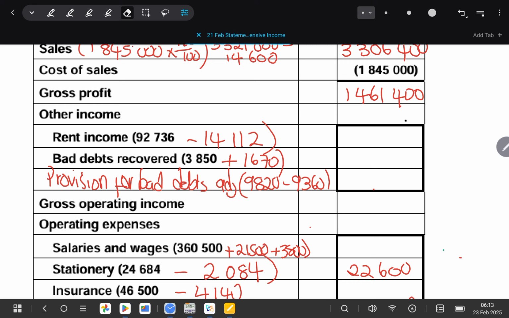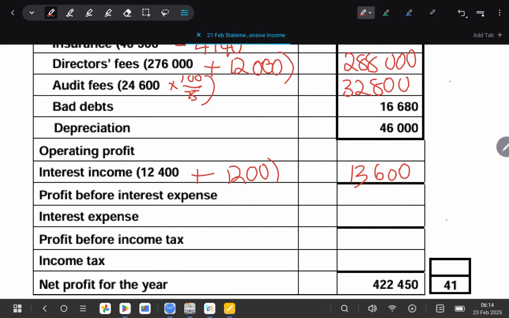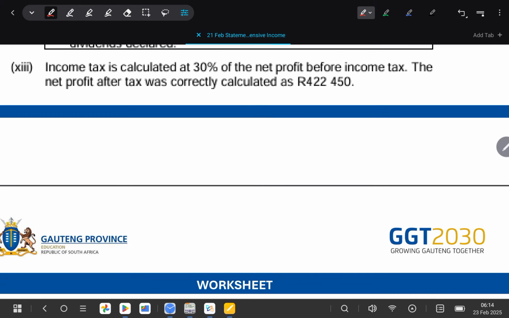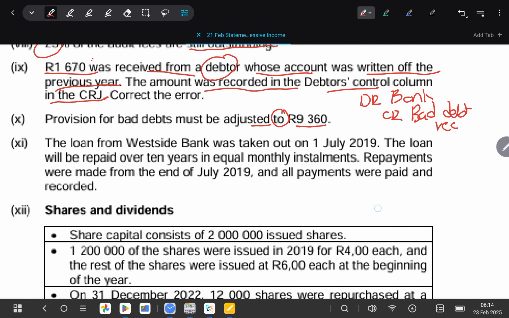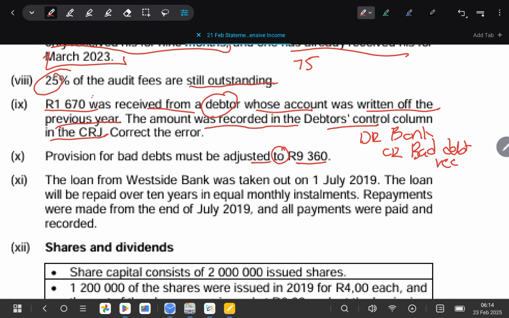So remember, the difference that we are getting here is 460. So we'd have that 460 there. Now let's check what else we have. The next transaction says that this one of the loan will affect our balance sheet.